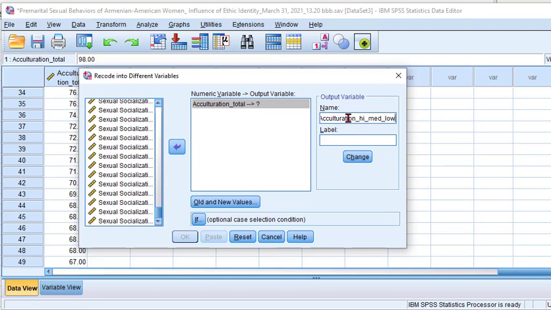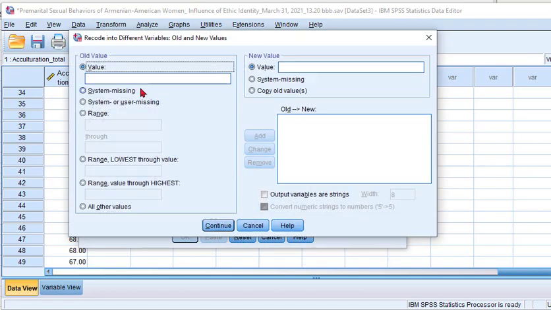Then we change the values: the lowest through 72 is going to be our low group.